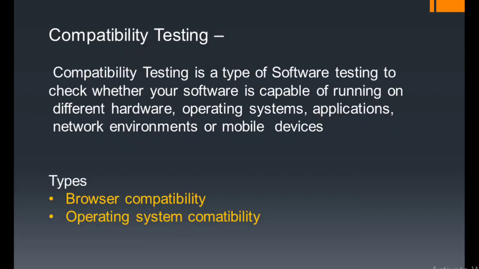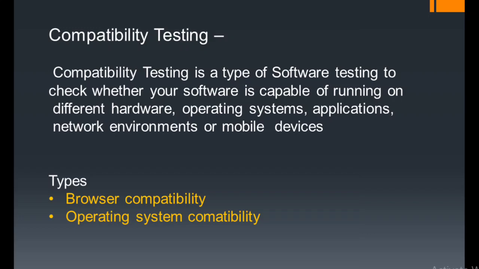The next testing process is compatibility testing. Its name indicates that our software is compatible with all hardware, operating systems, or applications. Compatibility testing is a type of software testing to check whether the software is capable of running on different hardware, operating systems, or applications. For example, if you run an application on Windows 7, it needs to run on Windows 10 or Windows 11 also.